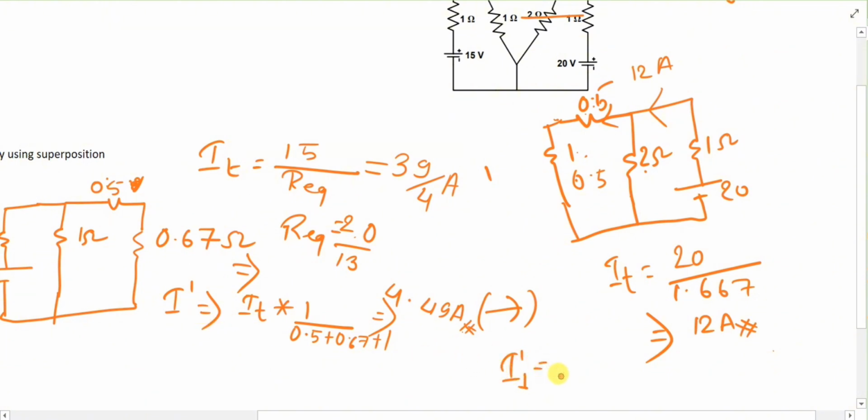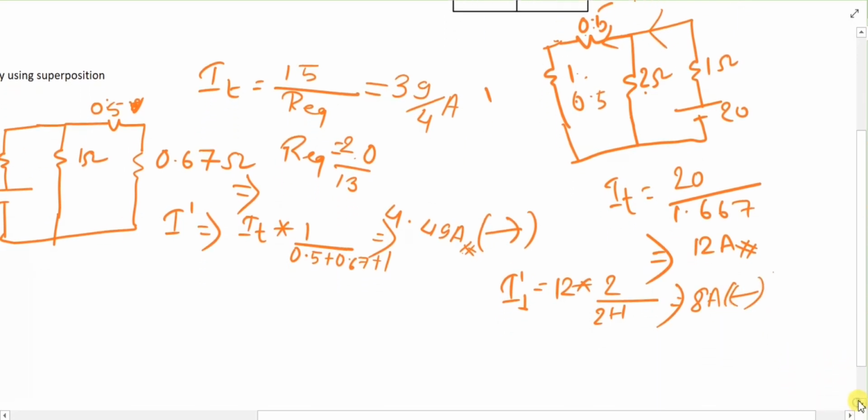I1 dash is equal to the total current 12 into the opposite branch 2 upon 2 plus 1. So therefore it's 3 by 12, which means 4, 8 ampere current is flowing through this in this direction.